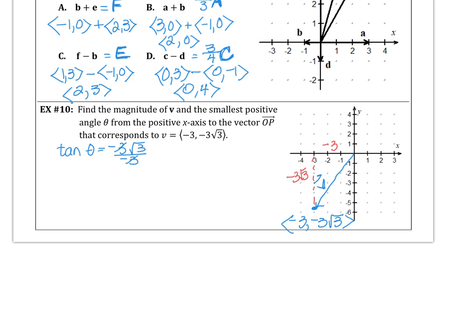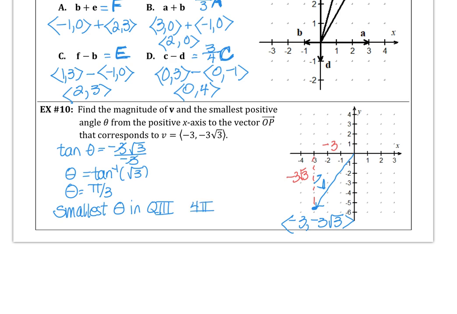That's the square root of 3, and tan inverse radical 3 in quadrant 1 is pi over 3. But notice we're in quadrant 3. So the smallest angle in quadrant 3 would have to be 4 pi over 3.